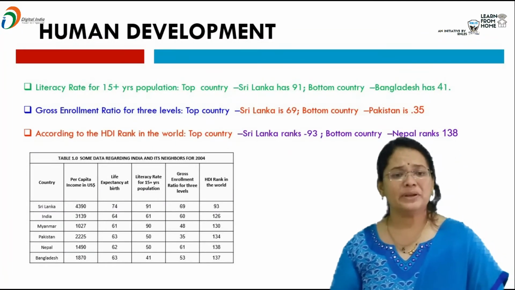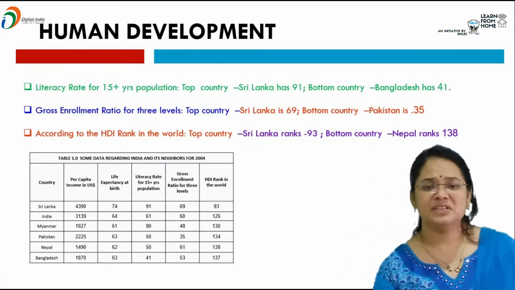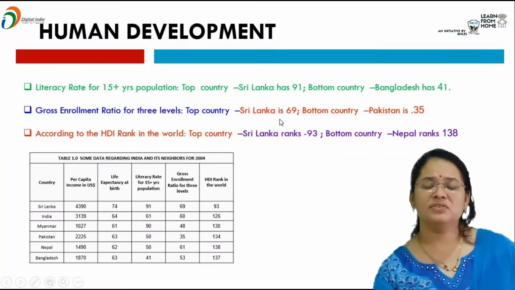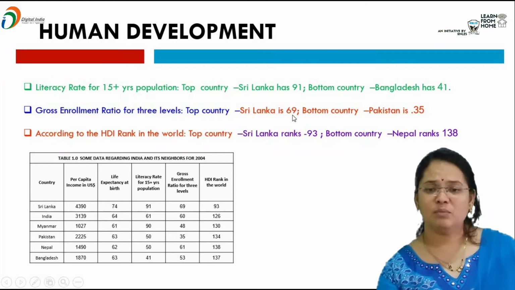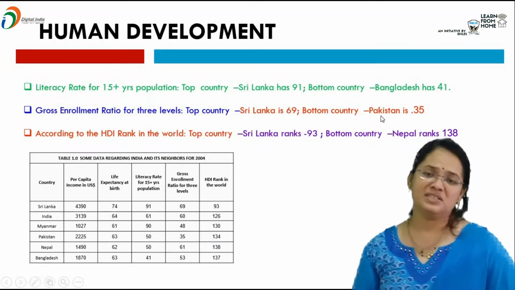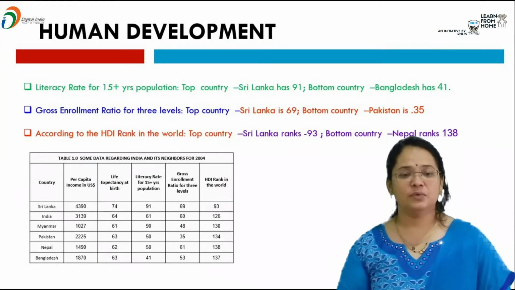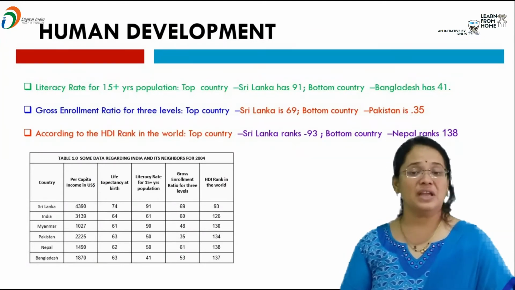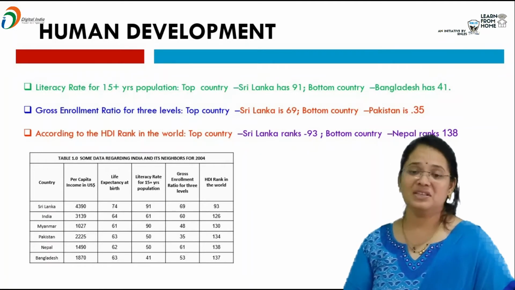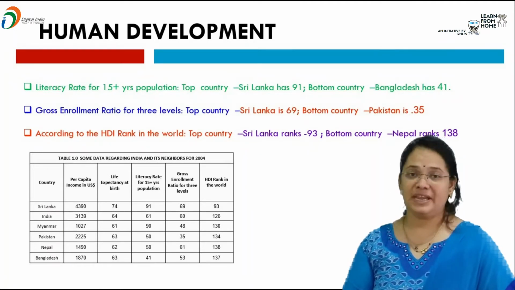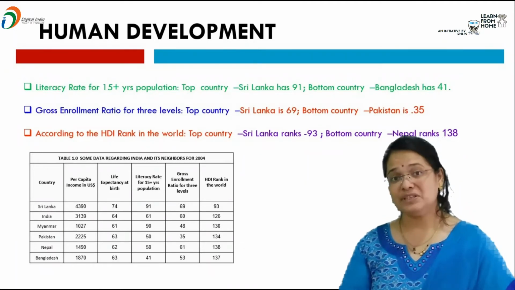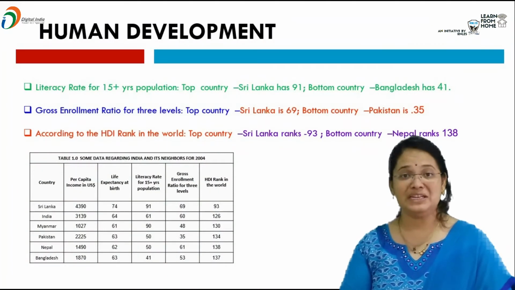Now, gross enrollment ratio of 3 levels is in Sri Lanka, ranking the top country, that is 69, and the bottom country is Pakistan, that is 35. And according to HDI rank in the world, Sri Lanka is ranking 93 and Nepal is ranking 138. Now, HDI means Human Development Index.